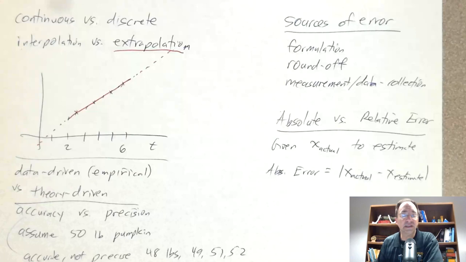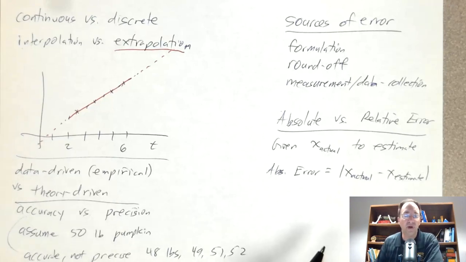Now, the problem is that may be helpful in general terms, but if I'm trying to compare, say, I'm modeling the population of the United States versus the population of just a city in the United States, well, being 10 million people off for the whole country might not be so bad. Being 10 million people off for the population of Kansas City would be terrible.